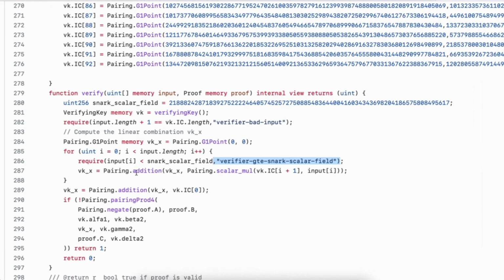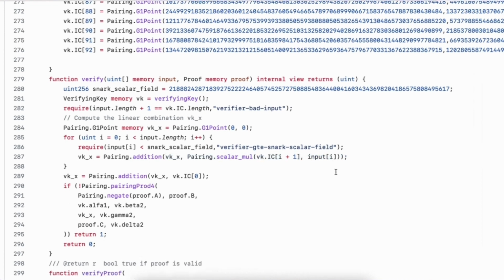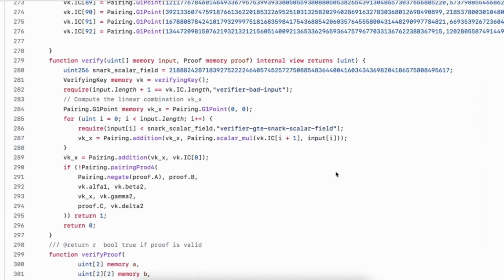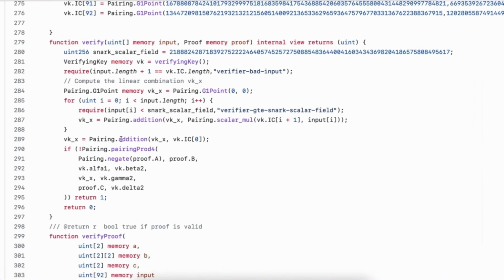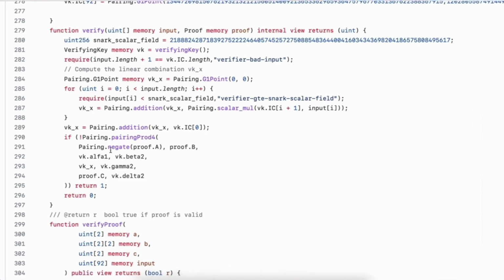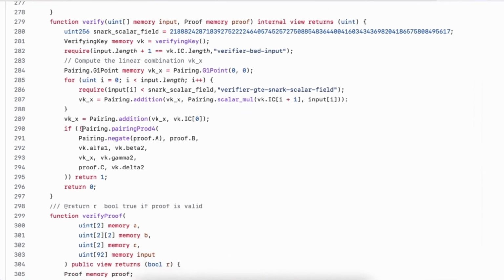Yeah, and that's what the pairing library I think does, it provides these valid operations in the field. So now you're adding vk_x and multiplying vk.IC, and just doing a bunch of mathematics on the field.